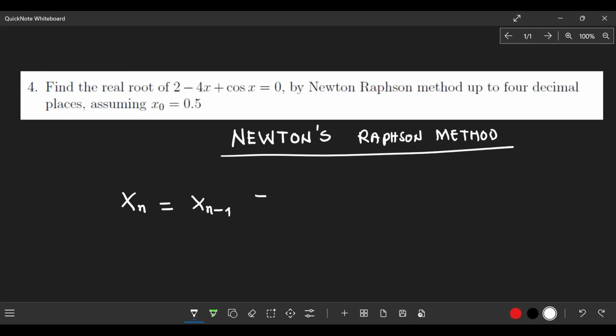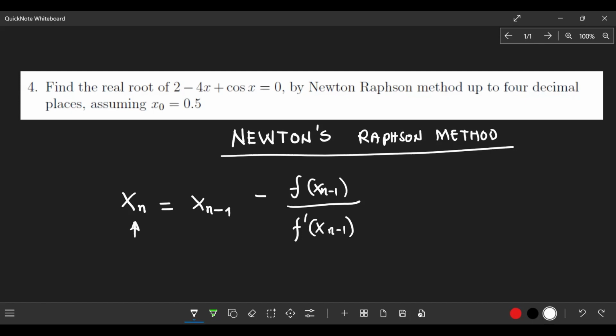So xn equals x n minus 1 minus f of x n minus 1 divided by the derivative, f prime of x n minus 1. So this is Newton's Raphson method. That's all. Here xn is the root you're trying to find.